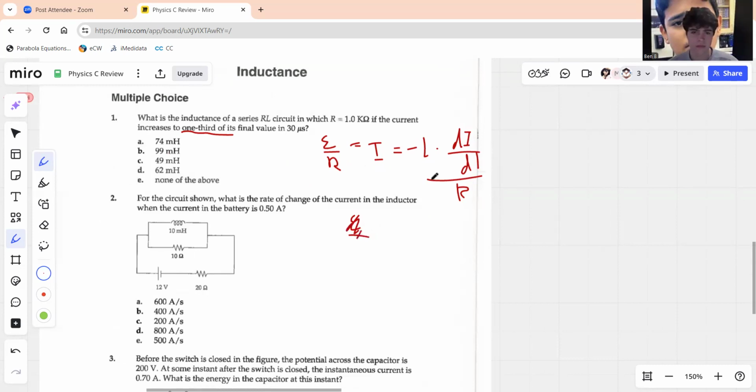so DI/DT, and so the change in I is 1/3 I over 30.